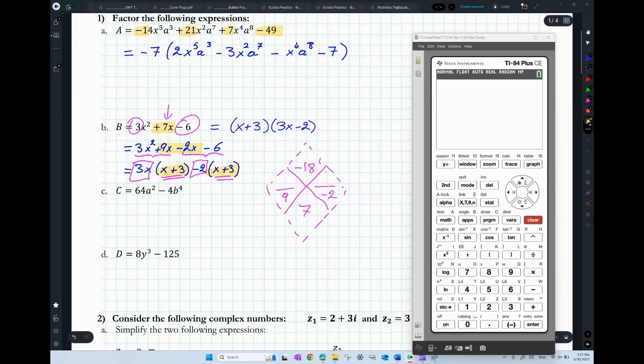And on top of those fractions, you're going to write down ax, which is here, 3x. And then that will give you the two factors, 3x minus 2 here.